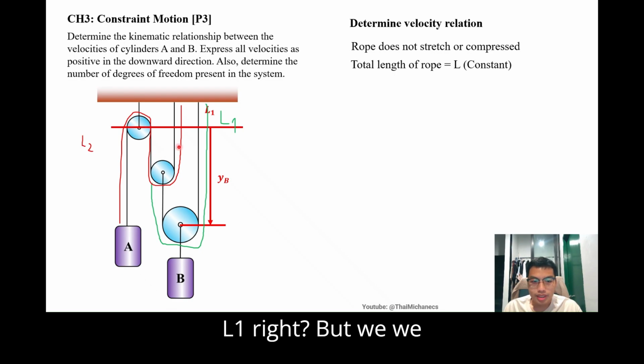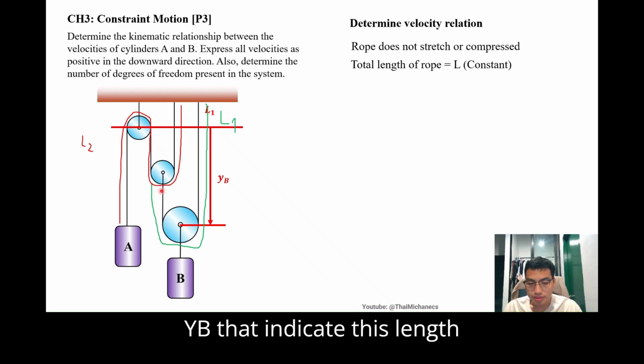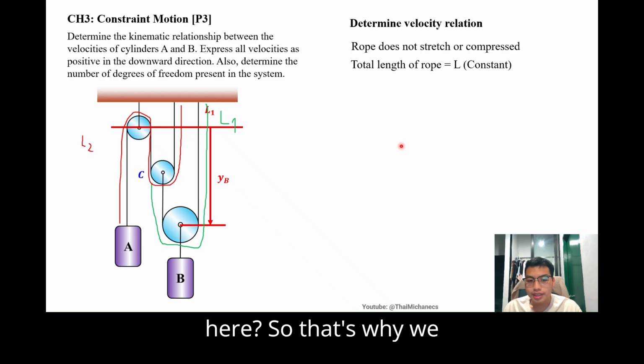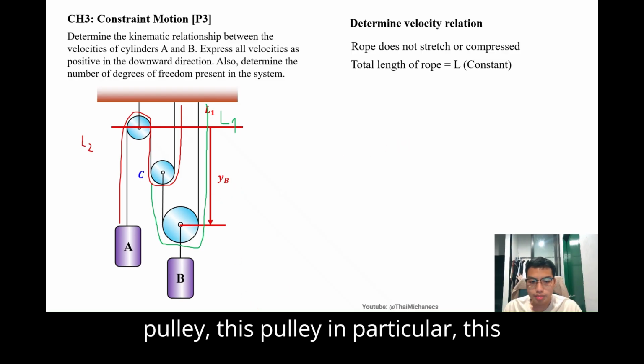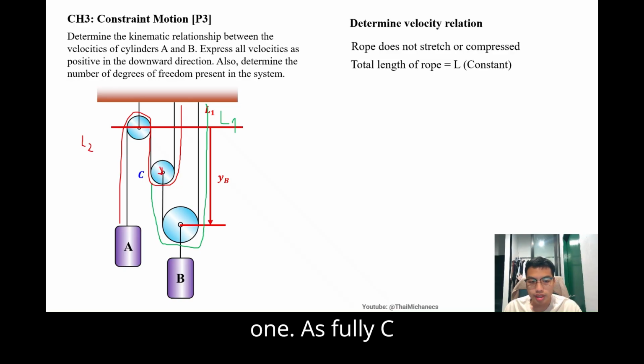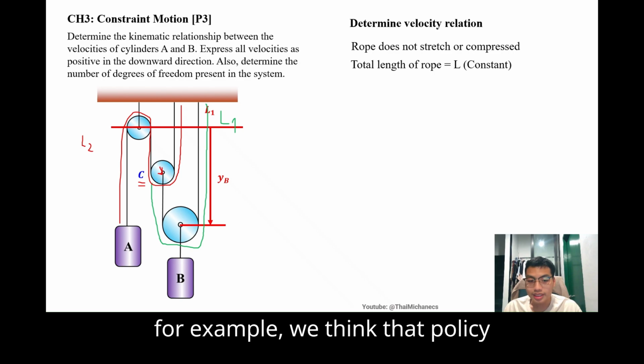But we don't know the distance from here to here, right? What is the portion of the YB that indicates this length here? That's why we are now looking at this pulley in particular, as pulley C, for example.